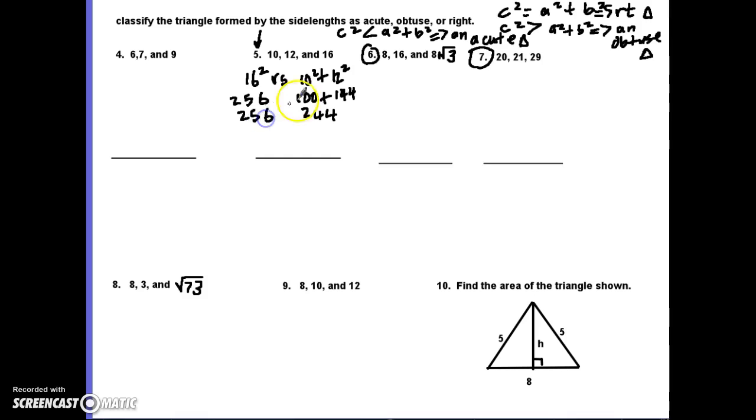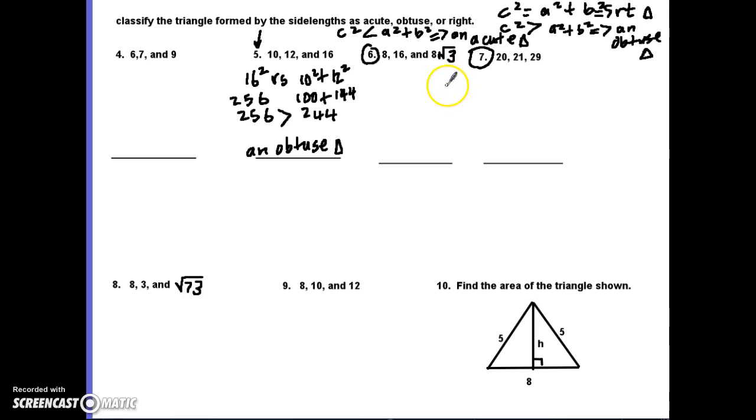Now we have to put greater than, equal to, or less than between these two numbers. It's going to be greater than. So here's a case in which c squared is greater than a squared plus b squared, which means we would have an obtuse triangle. That would be the answer for that one.